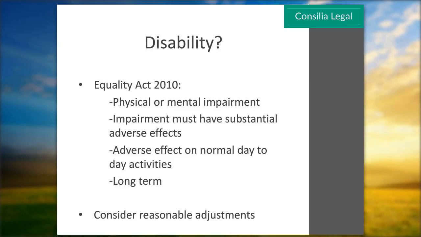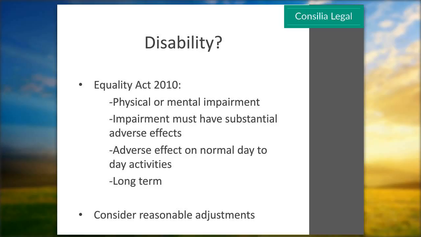Okay, one of the main issues in relation to managing sickness absence, and I did touch on this very briefly earlier, is disability discrimination. In every case that I've ever run or defended in relation to disability, the first thing that the tribunals look at is: is the person a disabled person under the definition in the Equality Act?